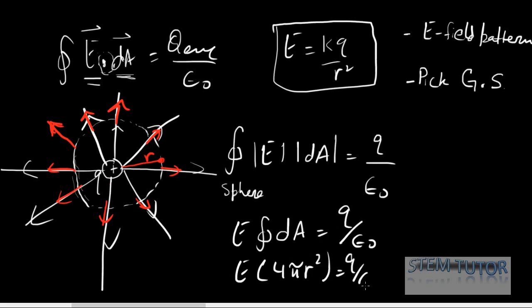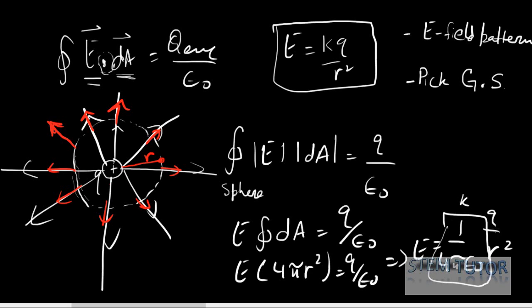So E is equal to 1 over 4 pi epsilon naught times q over r squared, and 1 over 4 pi epsilon naught is k. So this is kq over r squared. Gauss's law gives you the electric field at all the points on the boundary of your Gaussian surface.